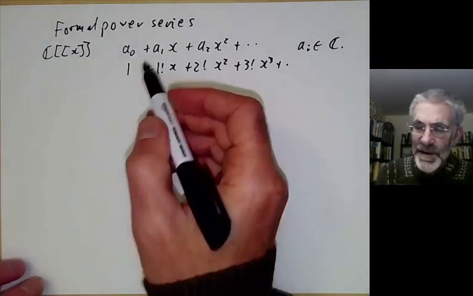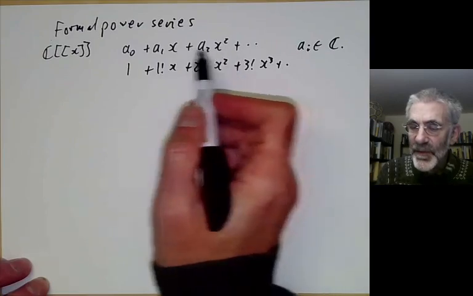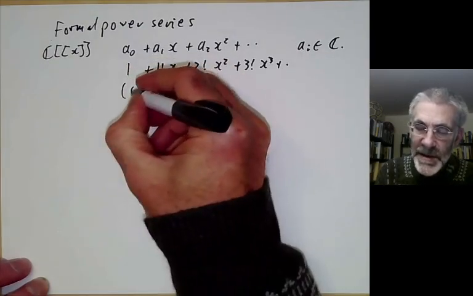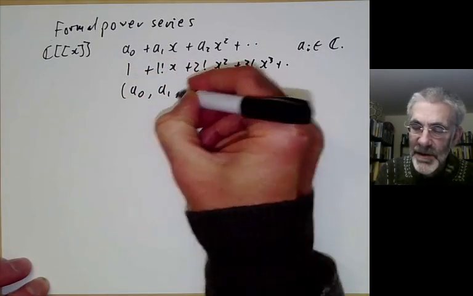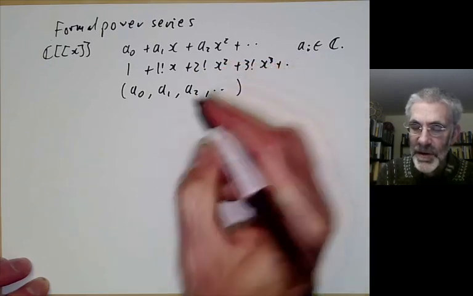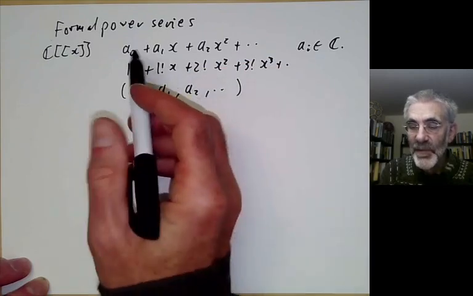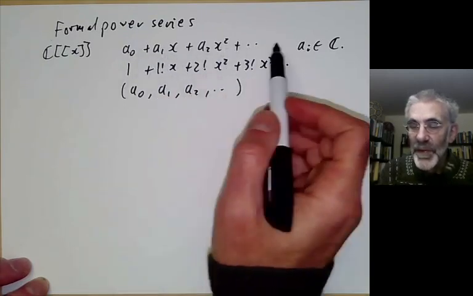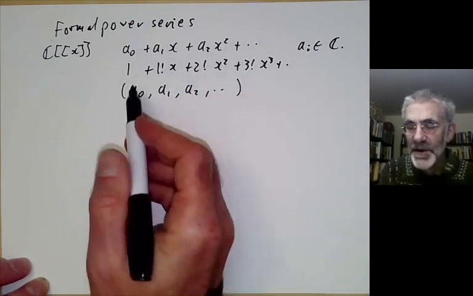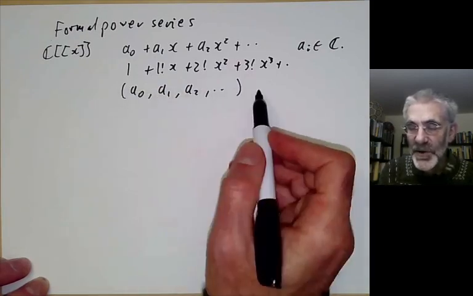Well, that's quite easy, because a formal power series is really just a sequence of elements a0, a1, a2 and so on. And addition and multiplication of these sequences is defined by pretending that they are formal power series. So the formal power series is just to tell you how to multiply two sequences.